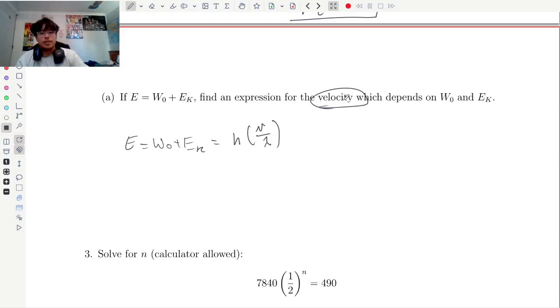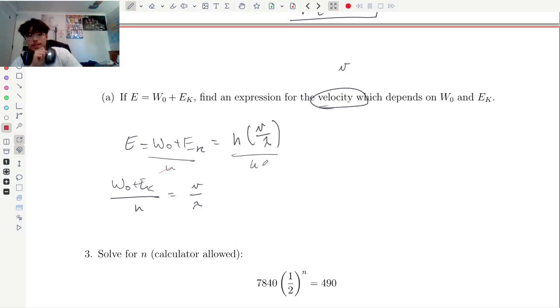Now I need to find an expression for the velocity, so this is v. Okay, so we have W naught plus EK divided by h is equal to v on lambda. And what I've done again is I've just divided both sides by h. Sorry. And the h's cancel.